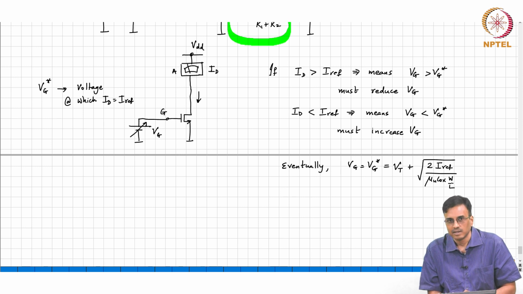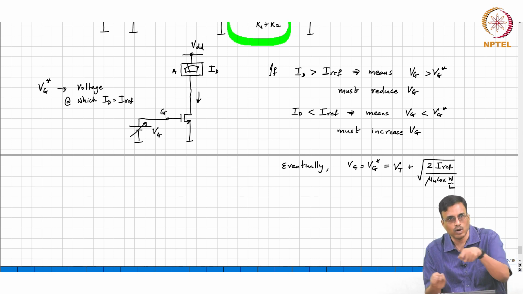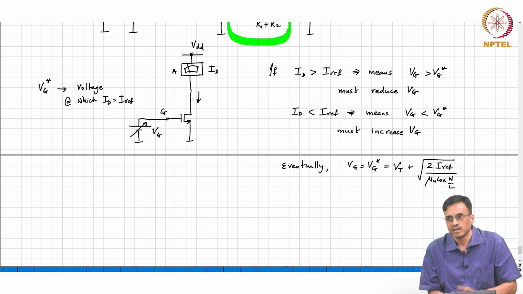Or God forbid, if you made a mistake and missed a decimal point, then what happens? You've been careless, you put that voltage there, and the current is going to be completely off.